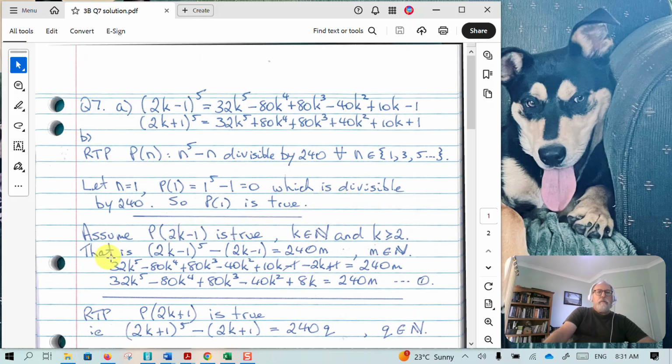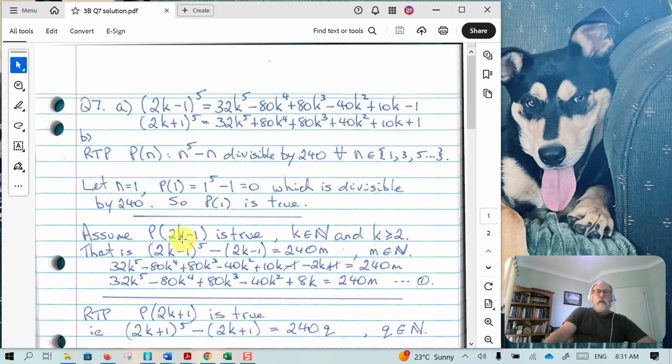Now our assumption. Because we're dealing with odd numbers, I haven't assumed P(k), I've assumed the odd number 2k minus 1, where k is an integer. In the case where k equals 2, this would evaluate to proposition 3, the next one in the set of values.